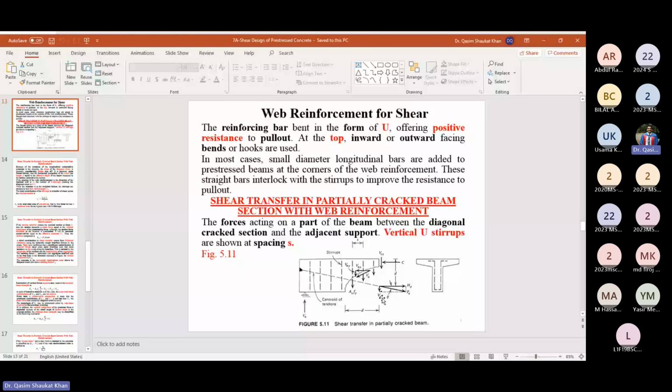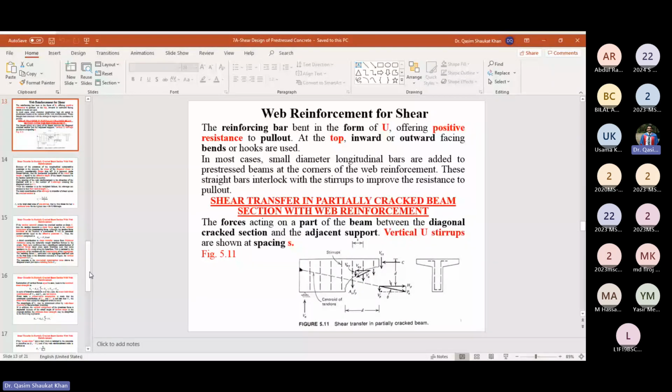The third one is the contribution of the fracture surface in providing the resistance. And its vertical component, this is VA, and its vertical component is this VAY.